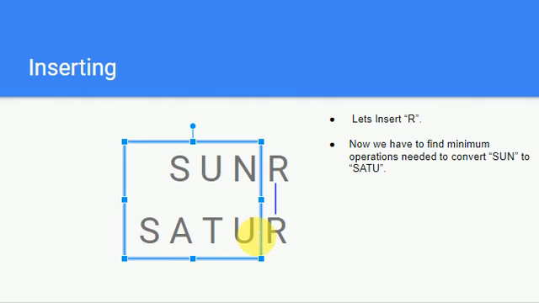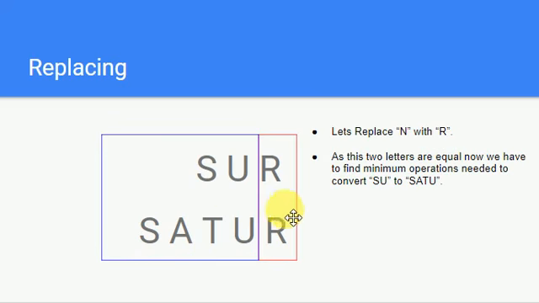Right, I hope you are understanding. Okay, let me rewind again. While replacing, we replaced N with R. As these two characters are equal, we have to find the minimum number of operations required to convert SU to SATU. Now I delete N, so I am left with this substring, and I have to find the minimum number of operations required to convert SU to SATUR.